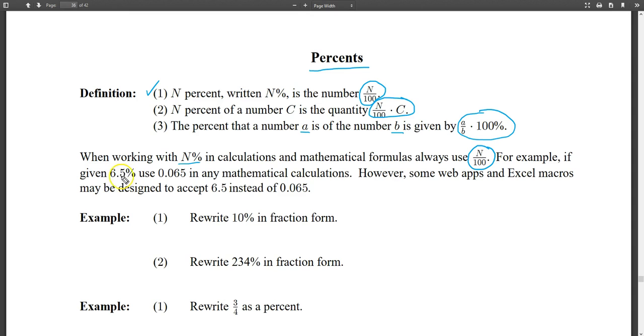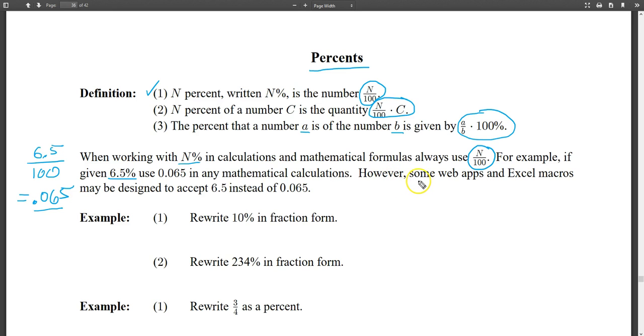So, for example, if you have 6.5%, that's a loan rate or something like that, you use the number 0.065, which is 6.5 over 100, right? That's equal to 0.065. You move the decimal place 2 positions to the left when you divide by 100. So this is the number that you actually input into any mathematical formulas that are required.